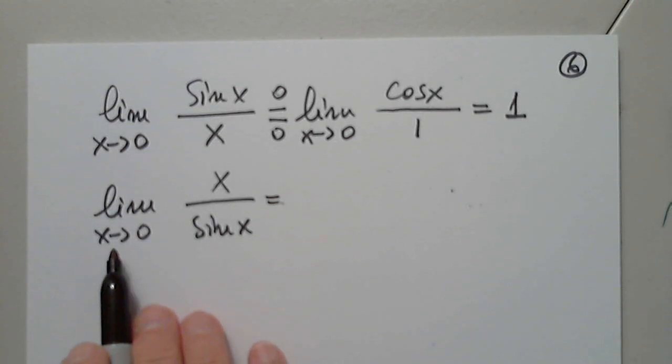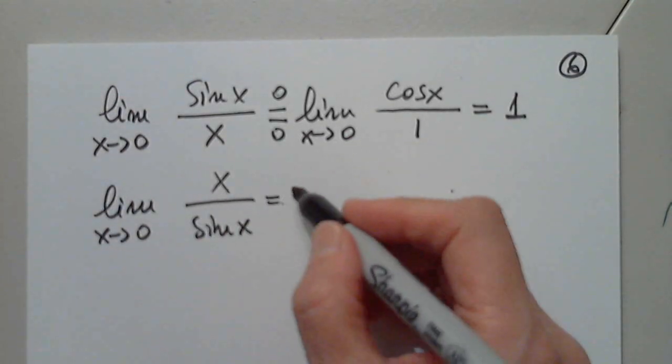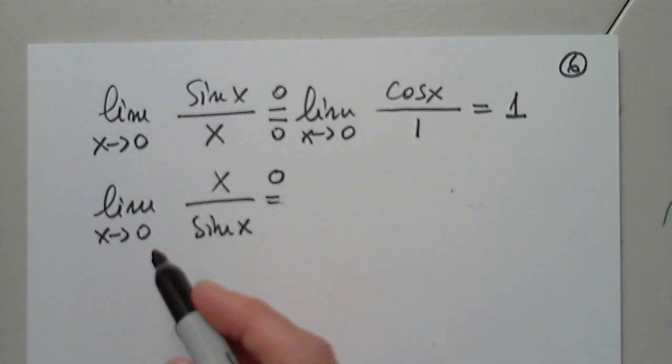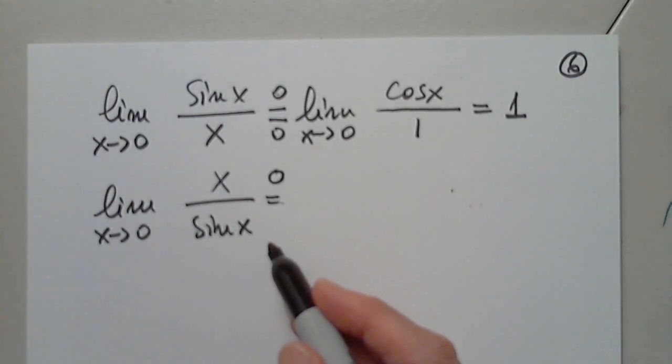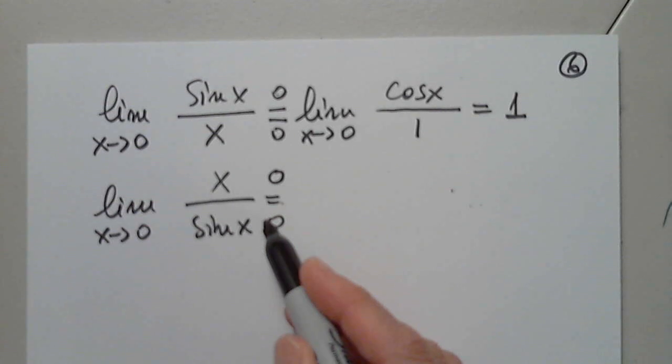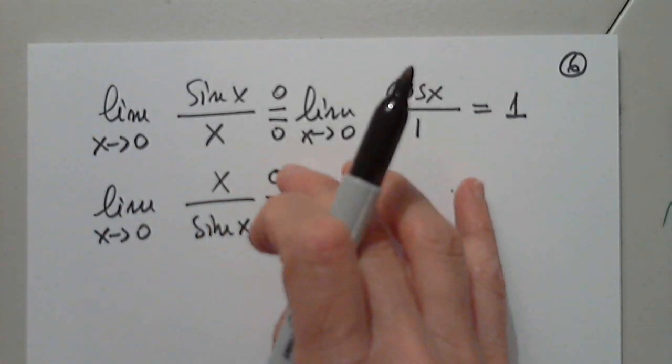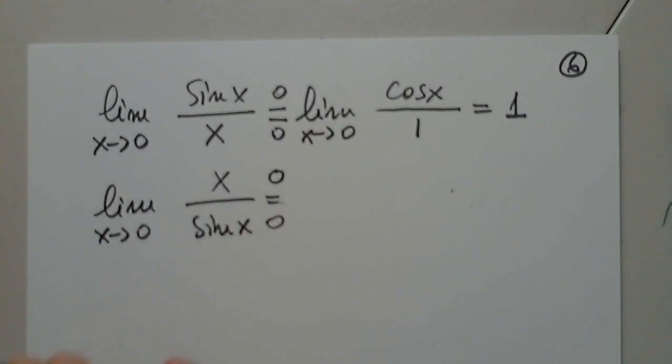So, when x approaches 0, the top goes to 0. Yes. The denominator goes to 0. Perfect. I have a limit, I have a function, and I have the initial assessment 0 over 0. All conditions are fulfilled for L'Hopital's rule.